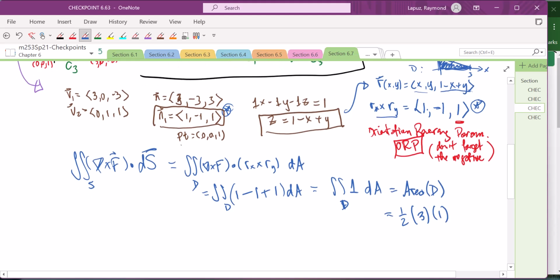And so that should be our result, 3/2. Oh, but remember that we had an ORP. And so in this situation, when we did this parameterization, we need a negative sign in front. Negative of the area. So our final answer should be -3/2.